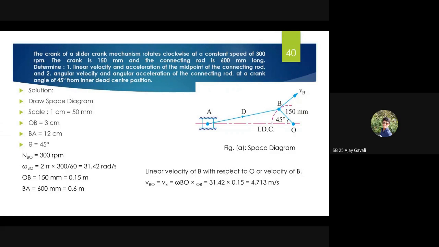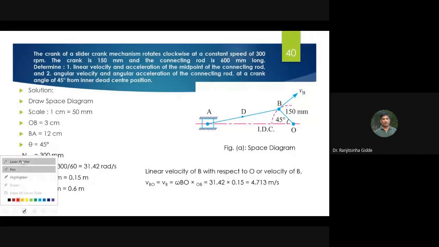Yes, sir. Okay. Then the first step, we need to draw the velocity diagram and then we can go for the acceleration. So here we need to determine the linear velocity and acceleration of the midpoint of the connecting rod. That means we need to determine the velocity, that is VD, and at the same time we need to determine its acceleration.